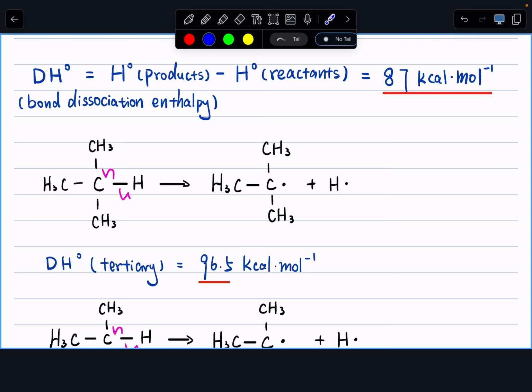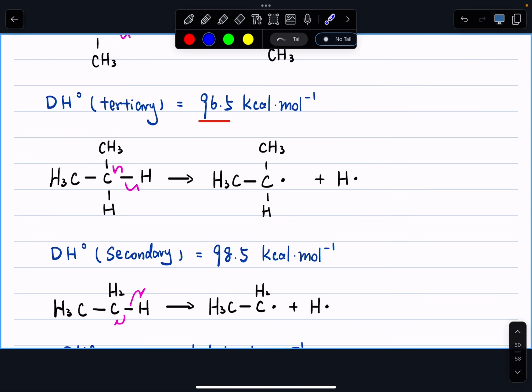And the trend goes on. For the formation of the secondary carbon-centered radical, we have two R groups and one hydrogen on that carbon, and the bond dissociation enthalpy is even larger than for the tertiary radical.